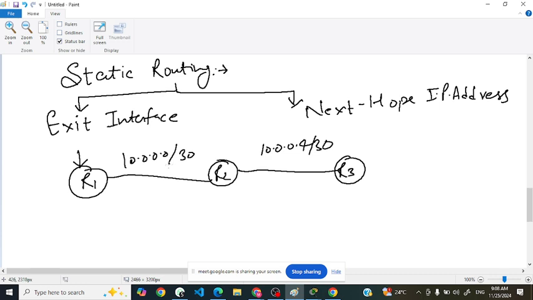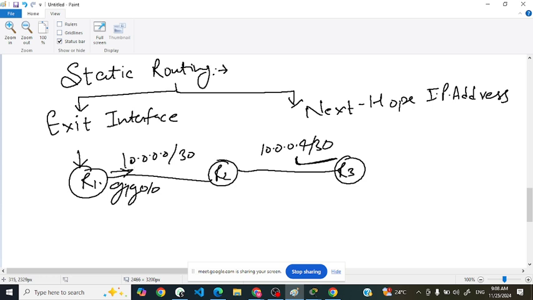Different, sir. Okay. So I'm manually giving the instruction to R1 that if you want to send any packet from this R1 to this network 10.0.0.4, you need to send this packet from this interface only, gig 0/0.